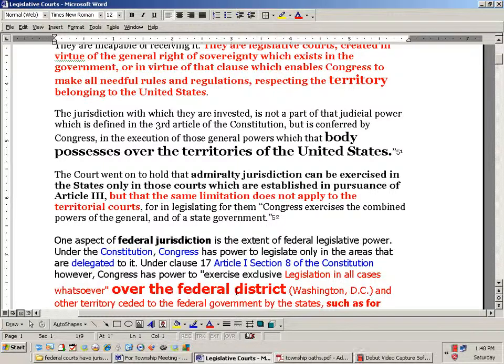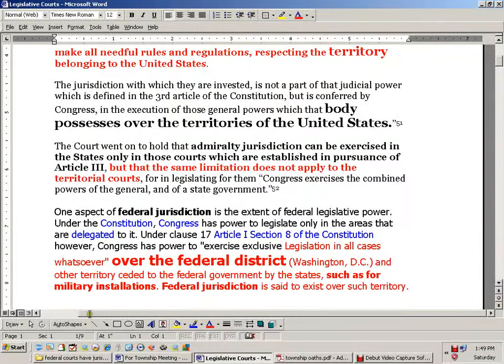One aspect of federal jurisdiction is the extent of the federal legislative power. Under the Constitution, Congress has power to legislate only in areas that are delegated to it. Under Clause 17, Article 1, Section 8 of the Constitution, however, Congress has the power to exercise exclusive legislation in all cases whatsoever over the federal district, in parentheses Washington, D.C., there may be more, and other territories ceded to the federal government by the states, small s states, that would be us, such as for military installations or embassies.